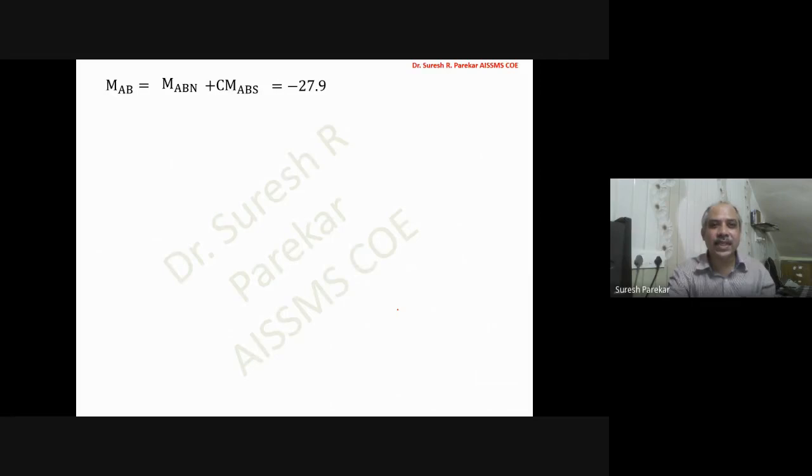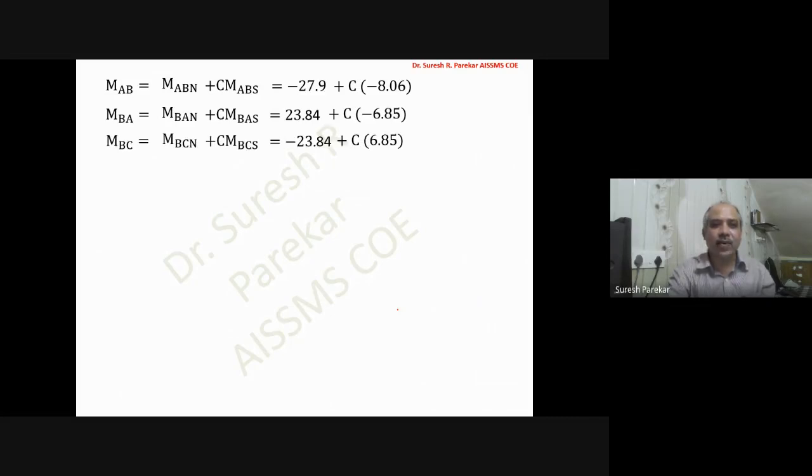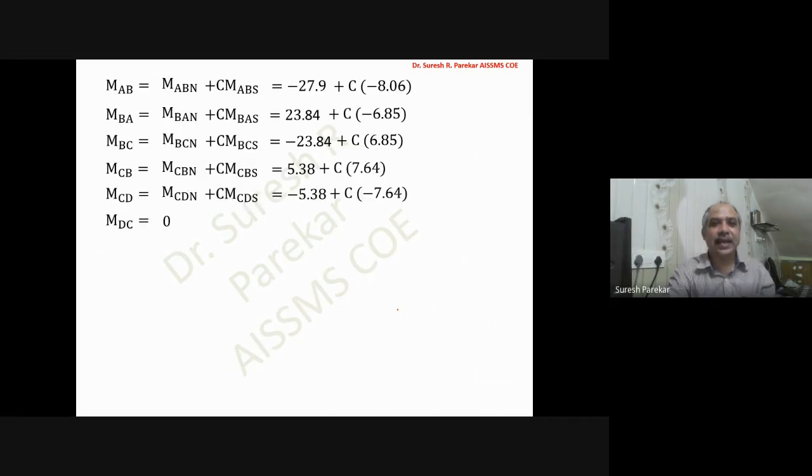And then you can see this MAB due to non-sway plus MAB due to sway. We have just substituted: first value is due to non-sway, second we have C, the correction factor, and the value due to sway. So that I have for all these: AB, BA, BC, CB, CD and DC.